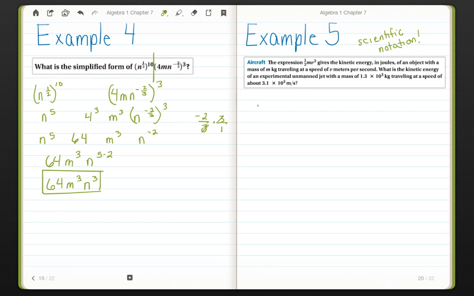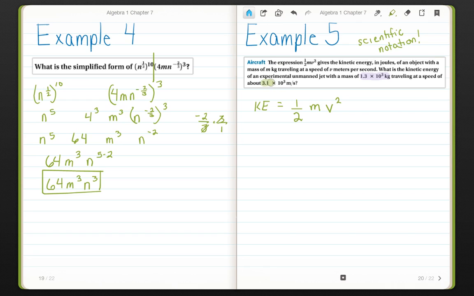So our formula: the kinetic energy is equal to 1/2 the mass times the velocity squared. My mass, 1.3 times 10 to the 3rd kilograms.